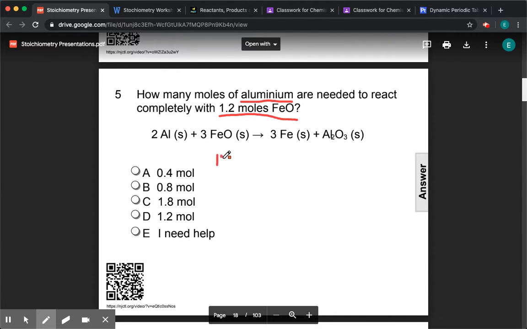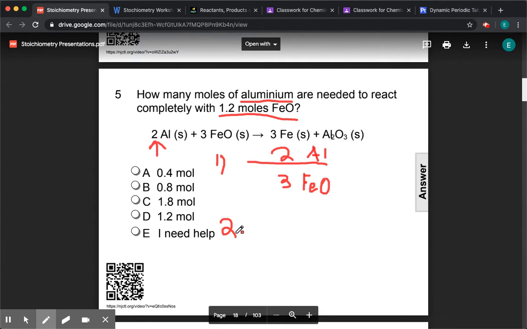So when we do step one, which is to set up our ratio, the aluminum is going to be up top and the iron oxide on the bottom. Aluminum is the number 2, and iron oxide is 3. So this is our ratio.